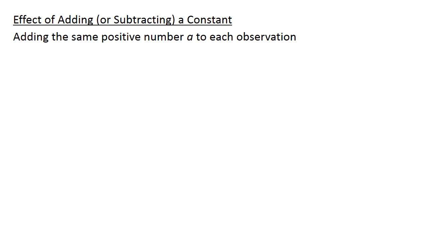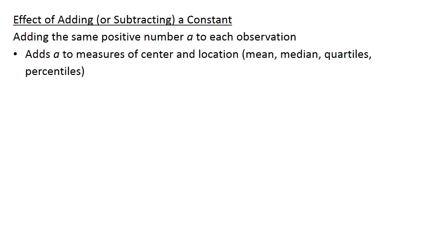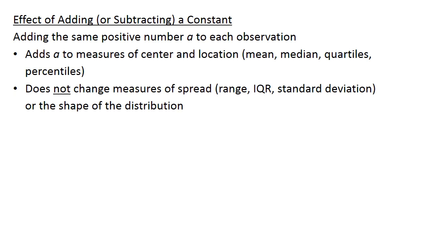Adding the same positive number A to each observation, or subtracting it, adds A to all the measures of center and location, so to the mean, the median, the quartiles, the percentiles. But it does not change the measures of spread, the range, the IQR, the standard deviation, or the shape of the distribution.